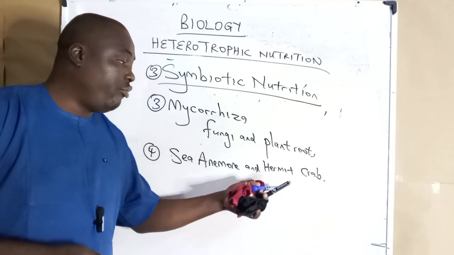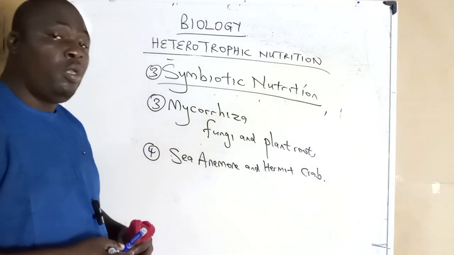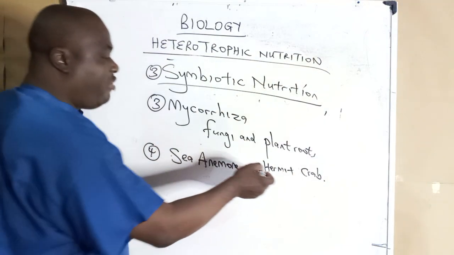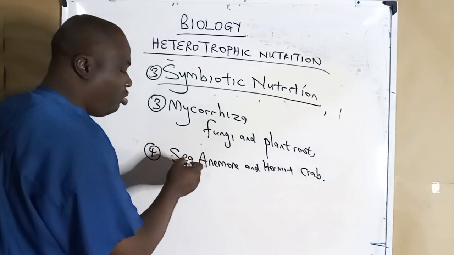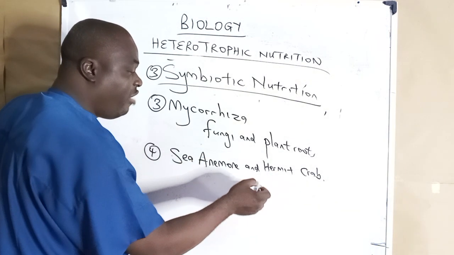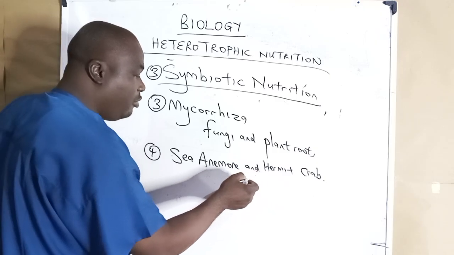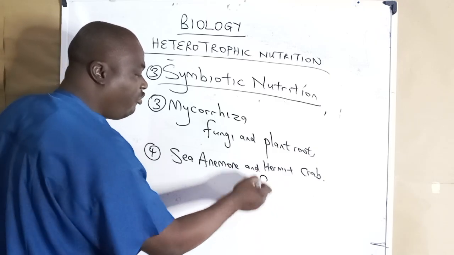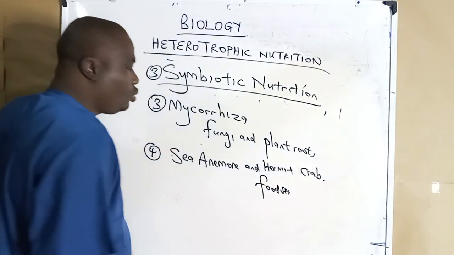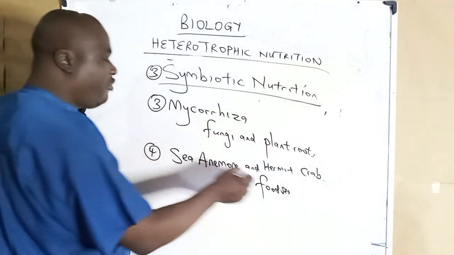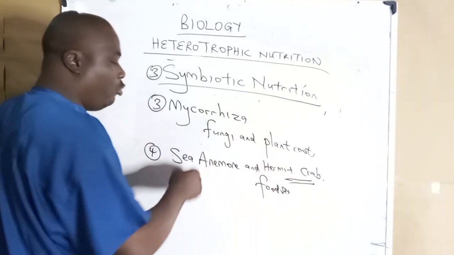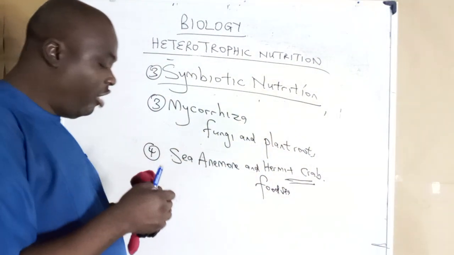So what happens is this: the sea anemone gets transportation from the hermit crab as the hermit crab moves, and it also gets food scraps from the hermit crab. The hermit crab gets protection from the sea anemone by the stinging cells that the sea anemone has to stun its prey.